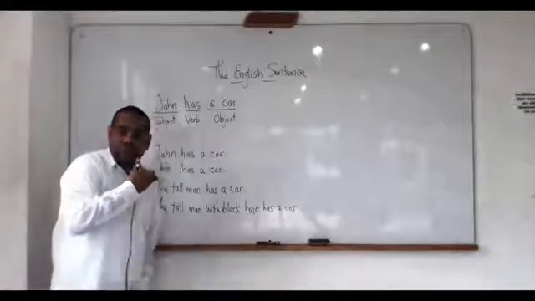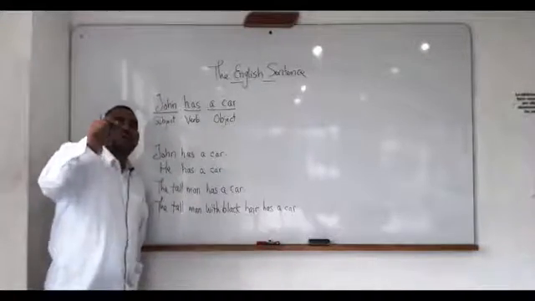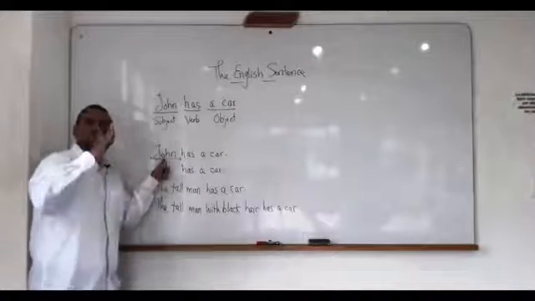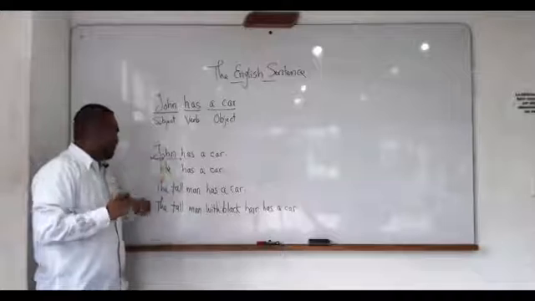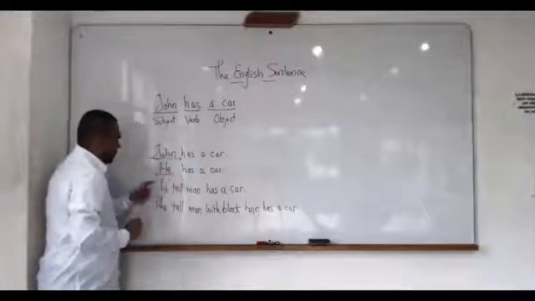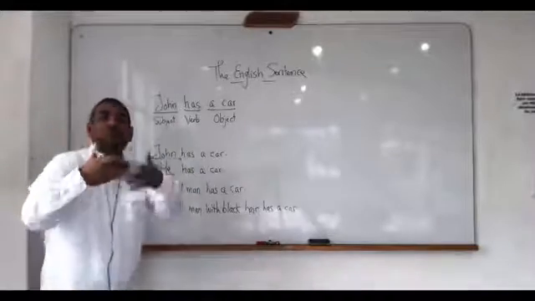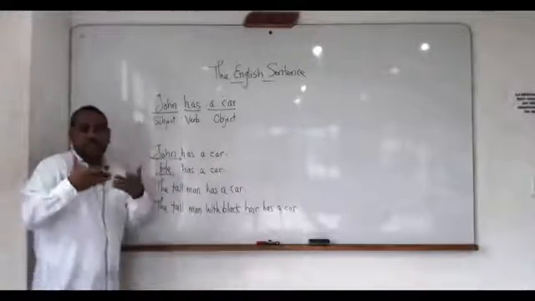So, what do we have over here? Taking into account what I explained, we find the subject here constituted by a noun. In the second example, he, which is a pronoun, constitutes the subject itself and the core.